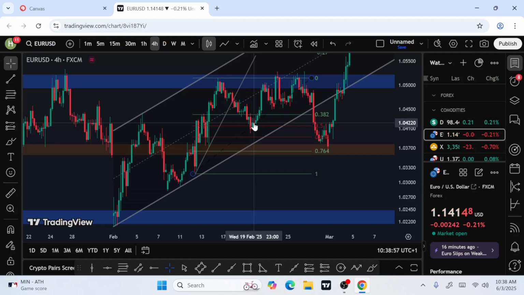Now see this retracement. This retracement came down to 50 to 61.8. A red candle first, then a green candle. So this green candle, what candlestick pattern is that? A bullish pin bar.